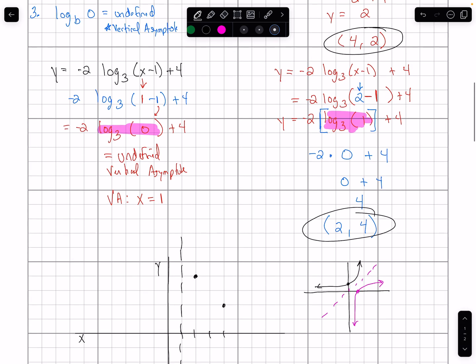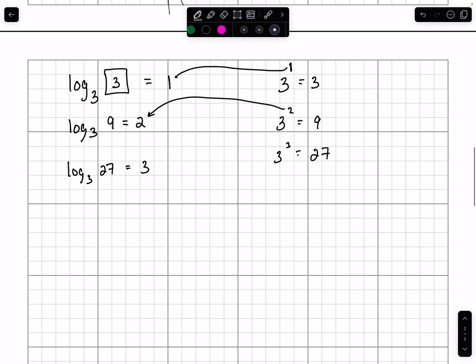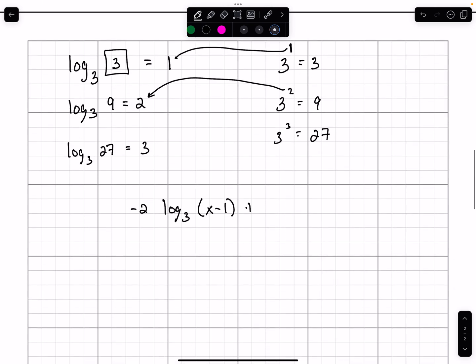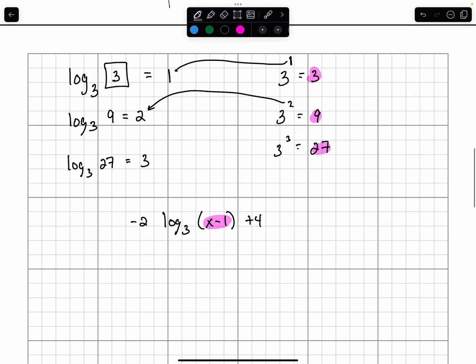So when you have this equation, negative 2 log base 3 of x minus 1, and then plus 4, what I want is for this to equal one of these numbers. We already did the first one, because that was one of the properties I used. So let's use another one.